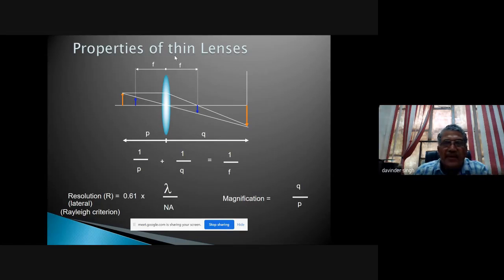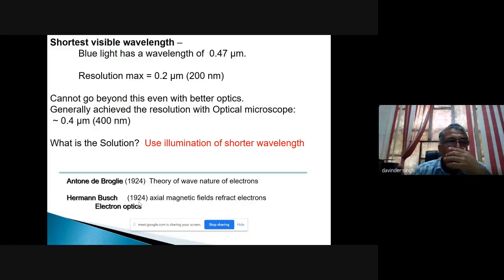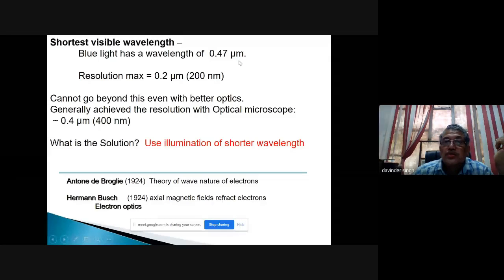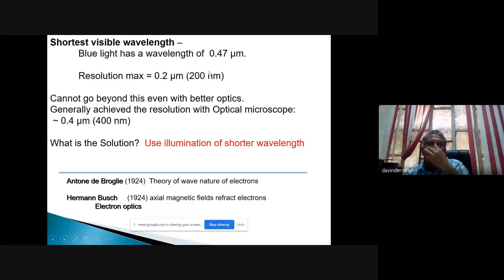These are just the properties of a simple lens: magnification is Q by P, and then there is the Rayleigh criterion, so we can skip this. Now, in the case of light, what is the limit? Blue light is the shortest visible wavelength we have, about 0.47 micrometer. We can achieve resolution of about half the wavelength, so 0.2 micrometer, that is 200 nanometer, is possible with the optical microscope.